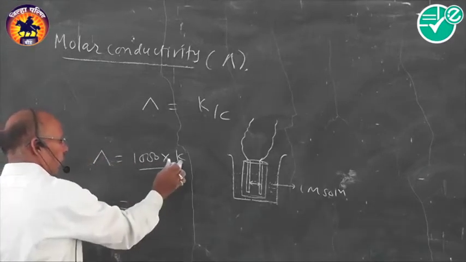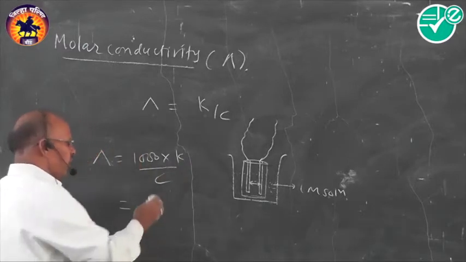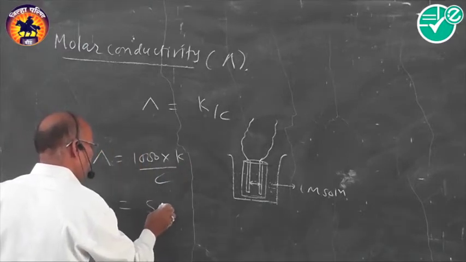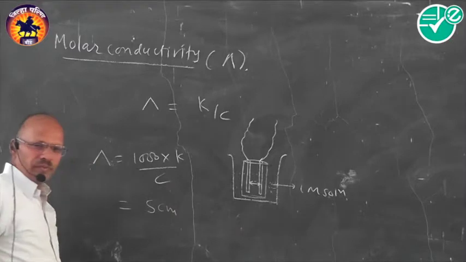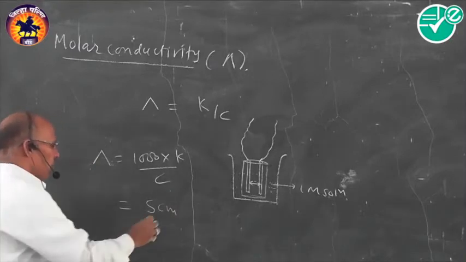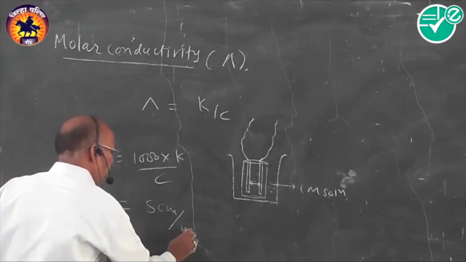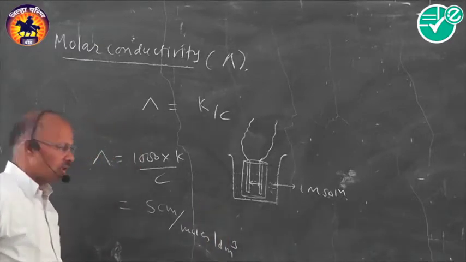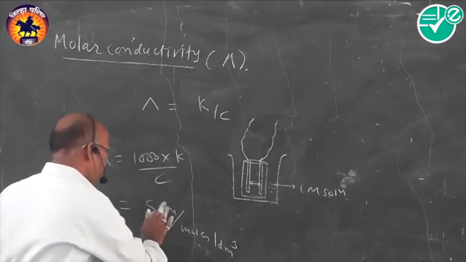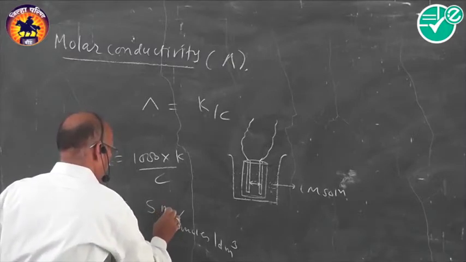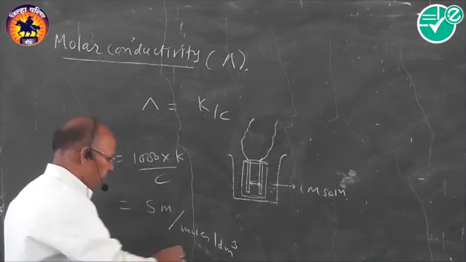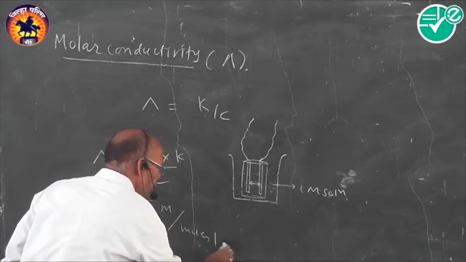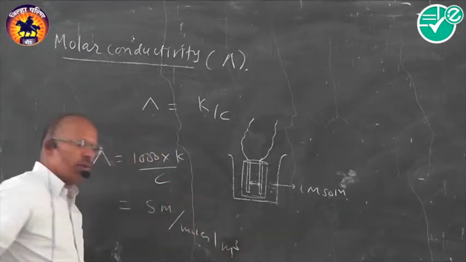We know that conductivity has the unit Siemens per centimeter, and concentration is expressed in moles per decimeter cube. For our convenience, concentration can be expressed as moles per meter cube, and conductivity as Siemens per meter.